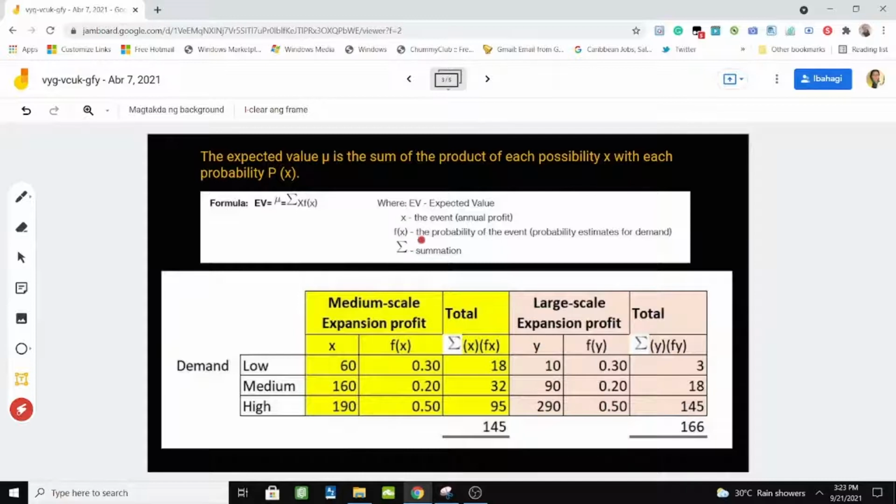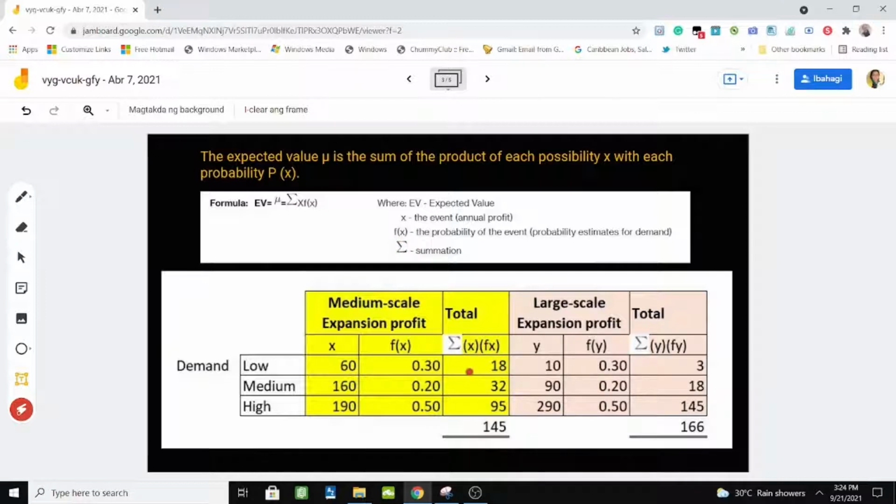And then fx, the probability of the event, or in the problem, the probability estimates for demand, which is this part. So this is the summation sign.